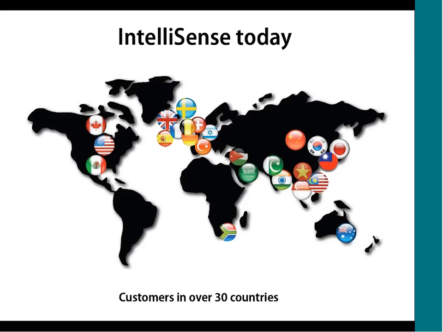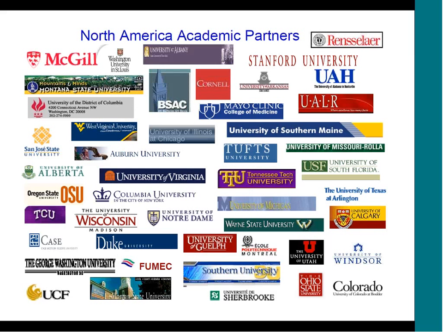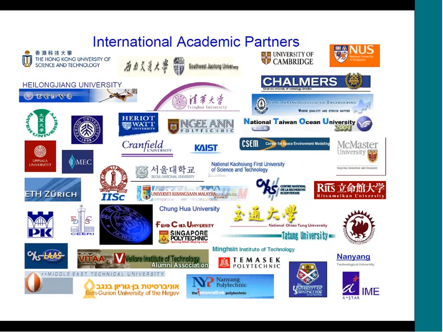We have customers all around the world in over 30 countries, in North America and Europe and Asia. And these include many universities which are using the IntelliSuite software to help with their research and also in teaching their MEMS courses. We're working with lots of universities in North America as well as around the world internationally.